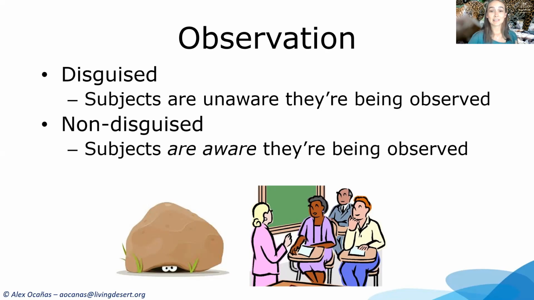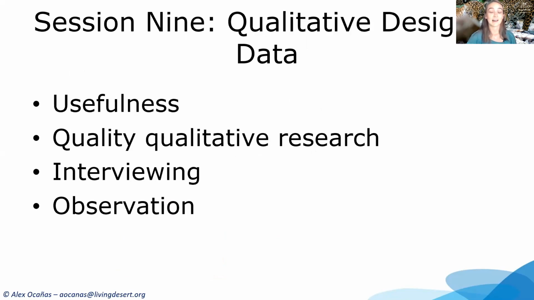So that is bringing us to the end of session 9, where we've reviewed the usefulness of qualitative data, when it's really good to use this, for example, when we want a really deep and rich understanding of a social process or a social phenomenon.